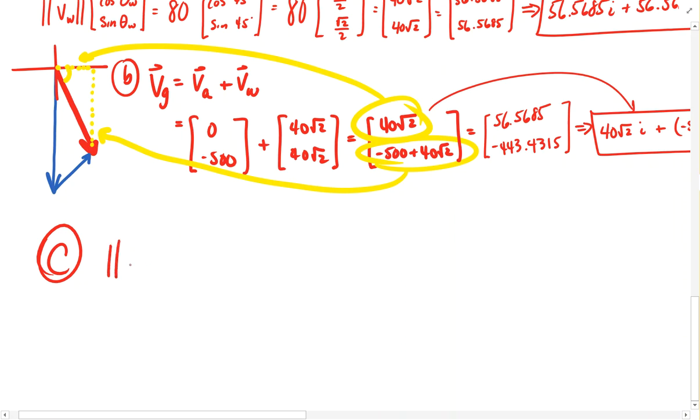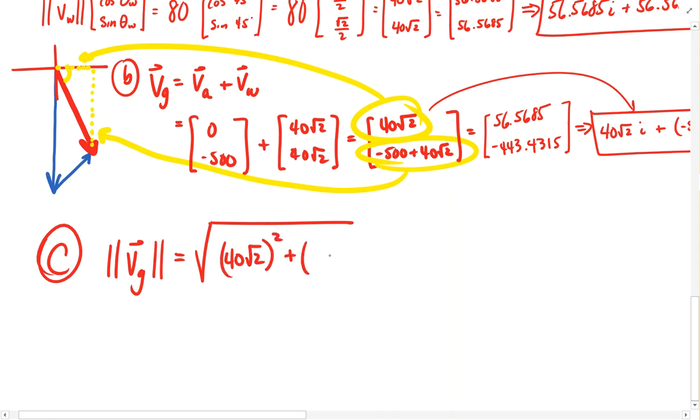Well, that would be the vector's magnitude, so I'll talk about the velocity of the airplane relative to the ground, so the velocity against the ground. The magnitude is equal to the square root of 40 root 2 squared plus negative 500 plus 40 times the square root of 2, that quantity squared.